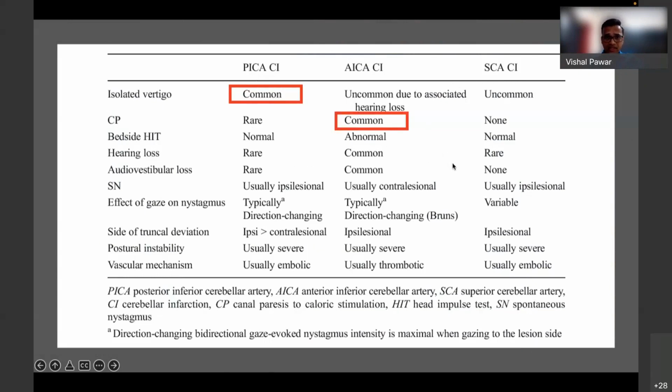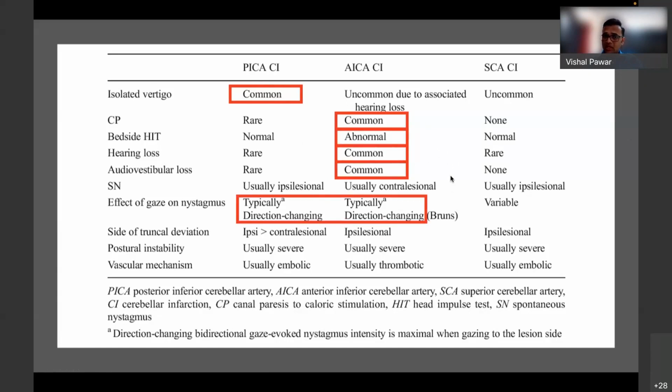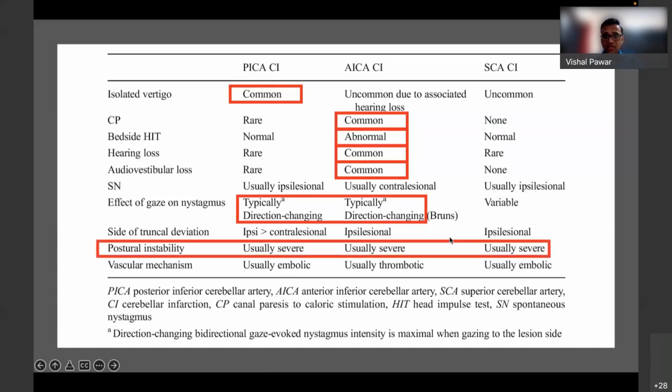There can be a pathological head impulse test in anterior inferior cerebellar artery infarction. Hearing loss is common. Acute audiovestibular loss together is common. Gaze evoked nystagmus is common in patients with central lesions. It's very important to check for gaze evoked nystagmus. And severe postural instability is a very common sign seen in patients with central vestibular disorders as compared to peripheral.